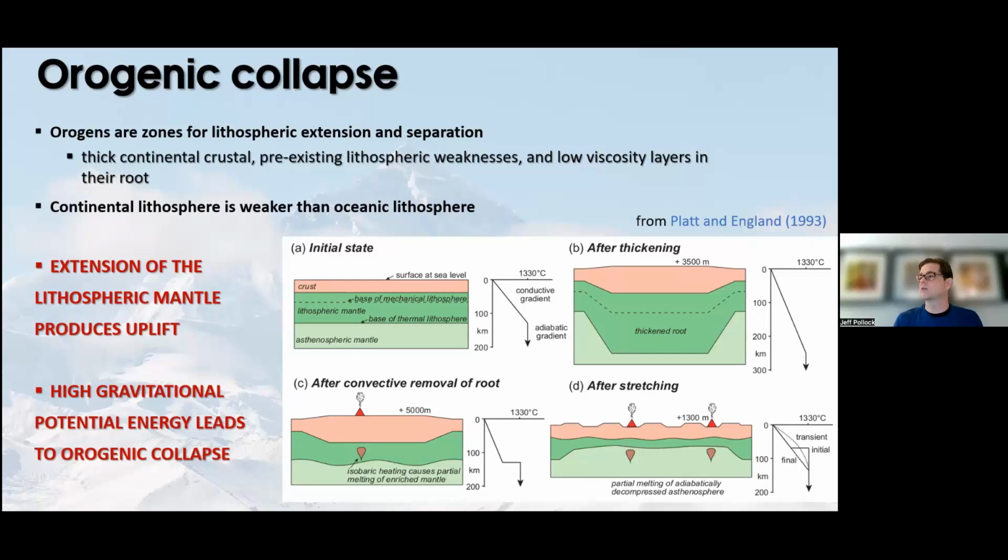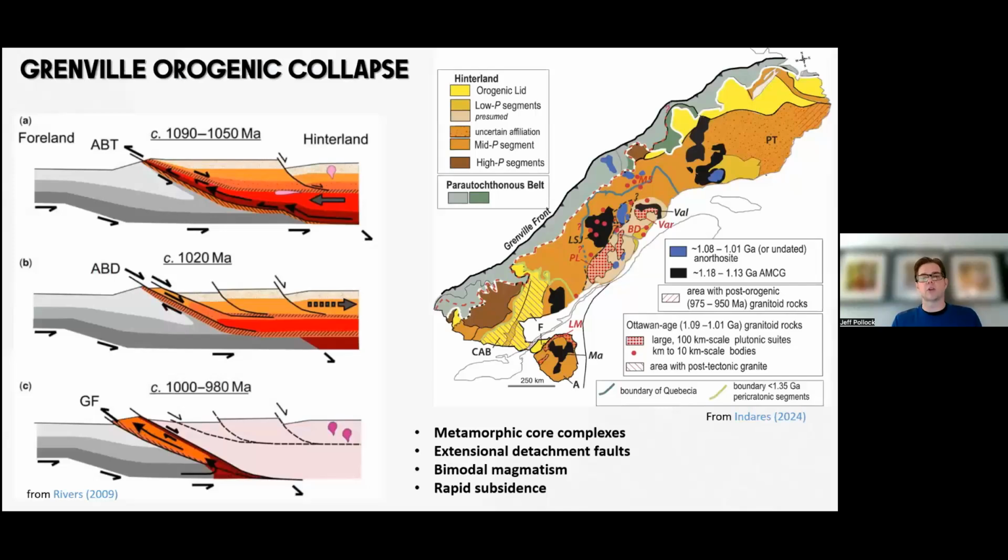And so how does this relate to both the Dover Fault and the Grenville Front? Well, this is Toby Rivers' model of Grenville orogenic collapse along the Grenville Front, the structural model, and then Aphrodite Indares and her students, who demonstrate orogenic collapse based on metamorphic core complexes and high pressure metamorphic rocks, and relating their uplift to rapid collapse.